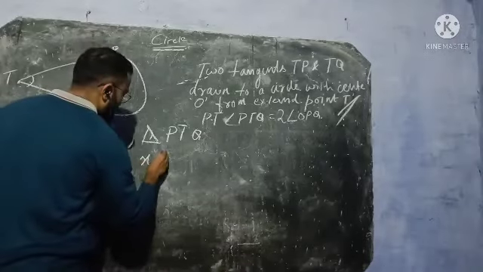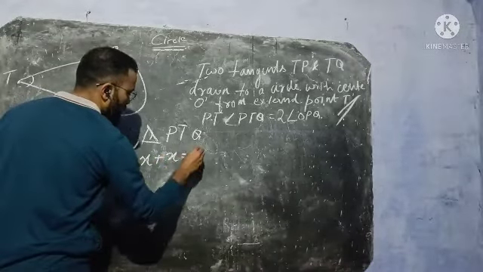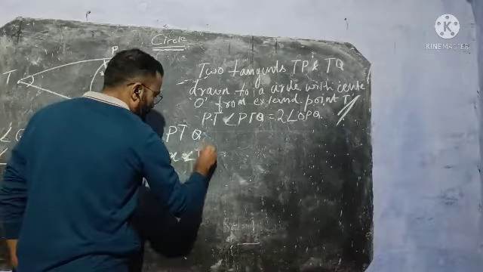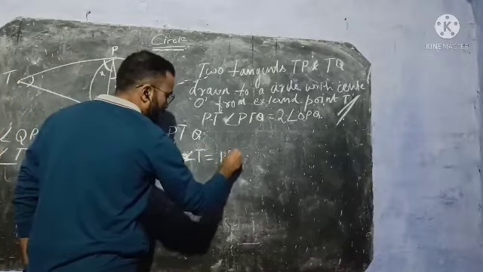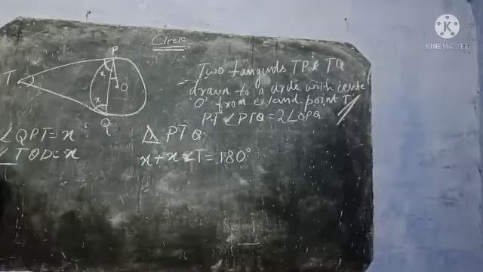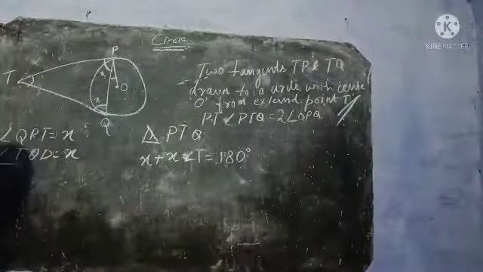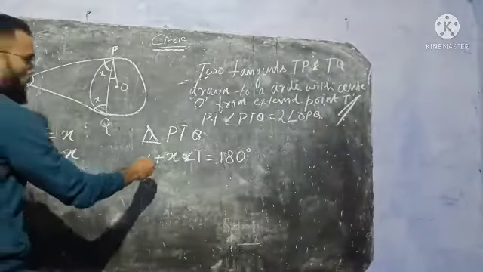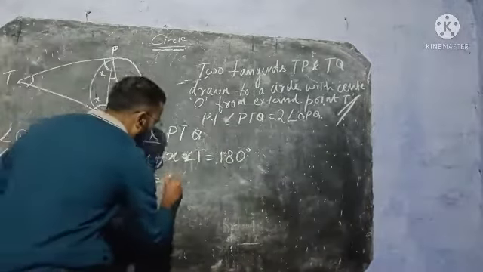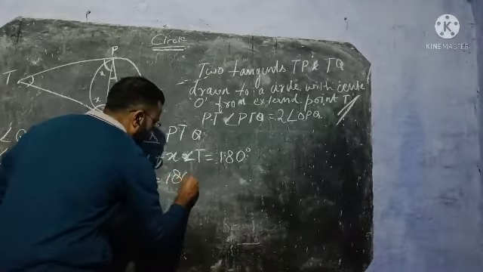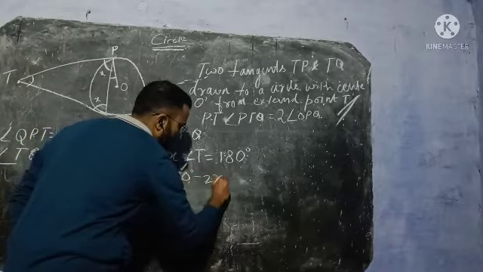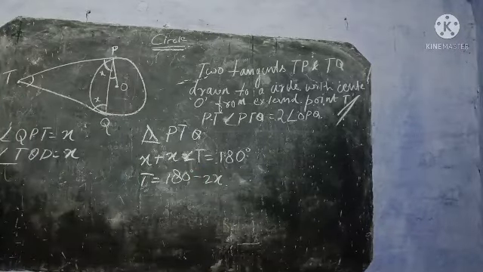So X plus X plus angle T should be equal to 180 degrees. Going ahead, T is equal to 180 degrees minus 2x.